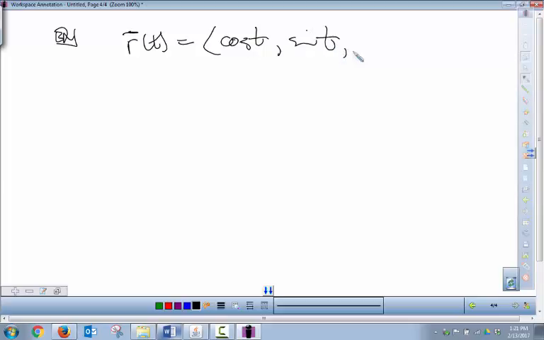So sine t, cosine t, but this time I'm going to have another oscillating function, and then I'll change the period for this one. Just to make it interesting.